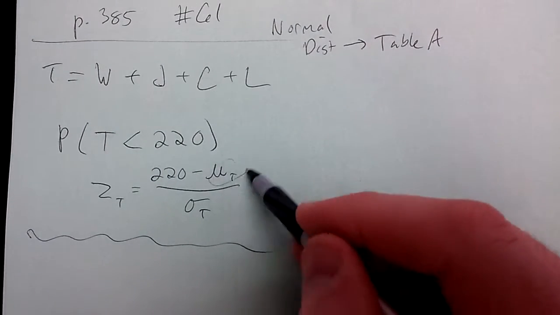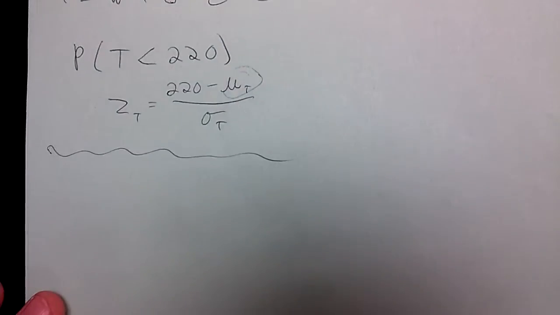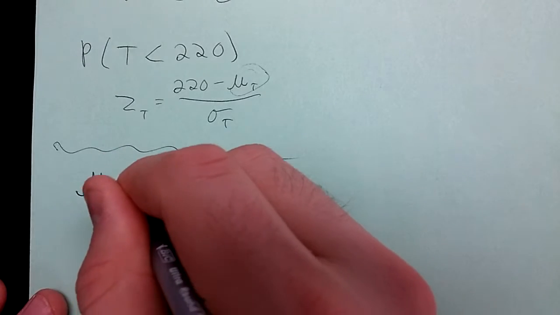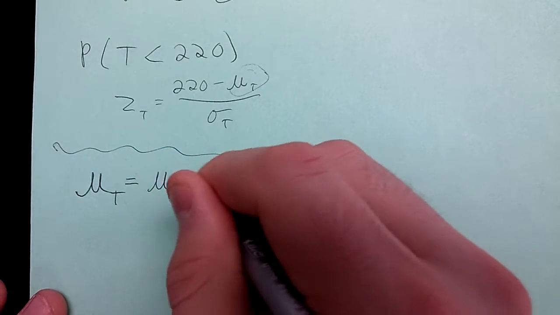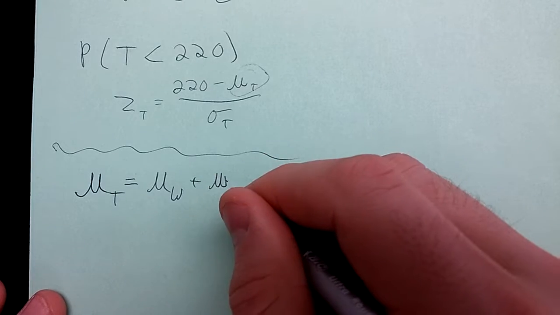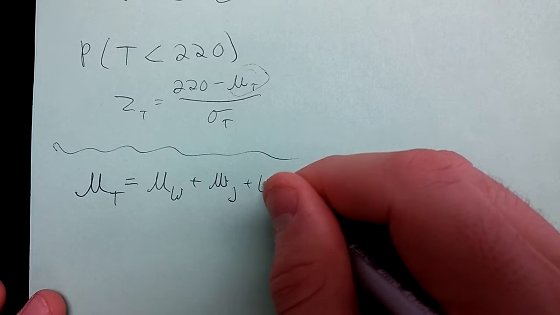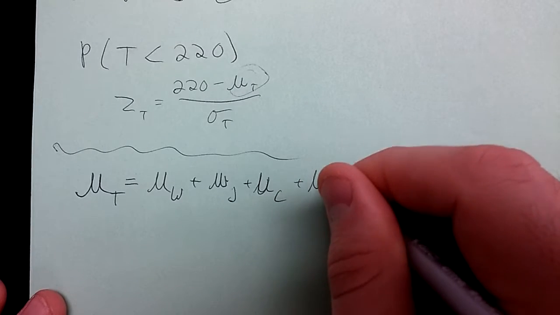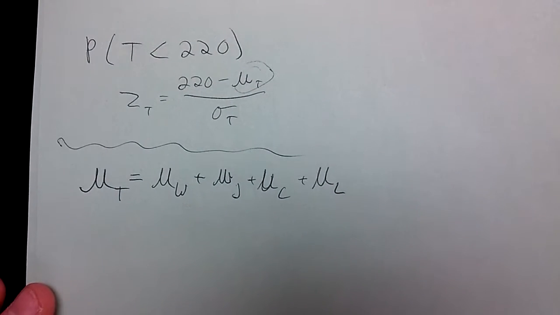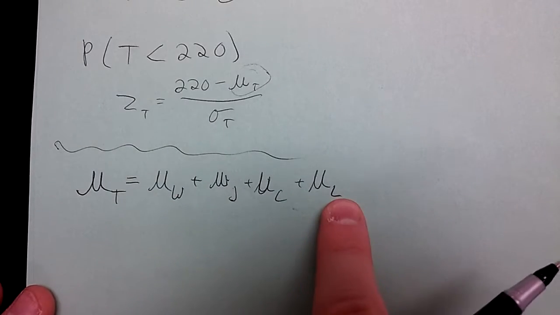So our first goal is to get the mu, the mean. Remember, the mean of the sum is the sum of the mean. So every single mean, add together. And these 4 numbers are in our table.